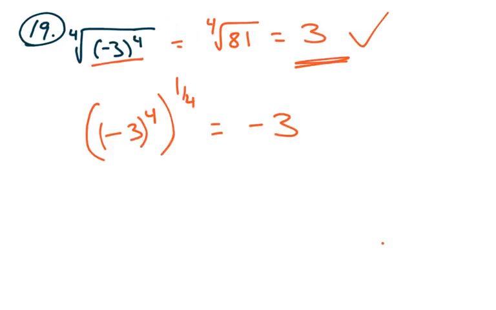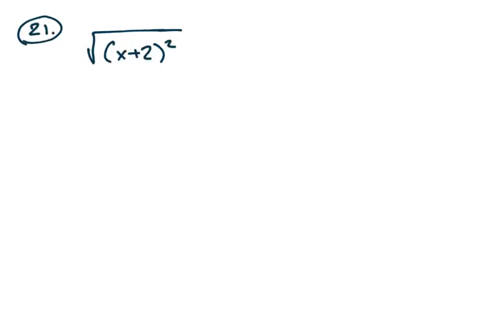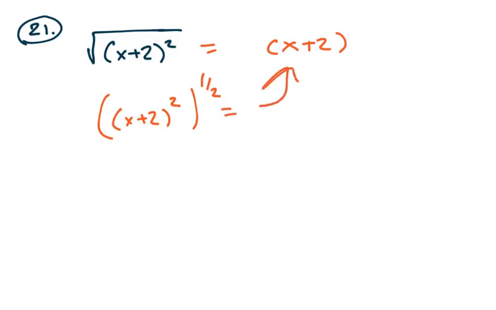Same sort of argument, right? And in 21, the answer is going to be x plus 2. Because it's the same notion. We take x plus 2 squared and we raise it to the 1/2. It's going to become x plus 2.